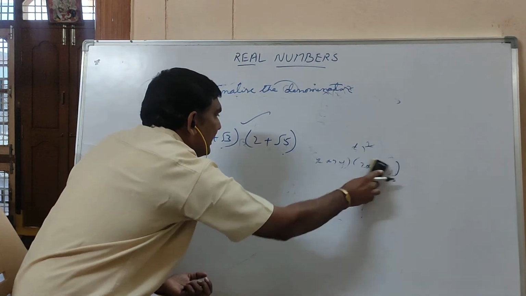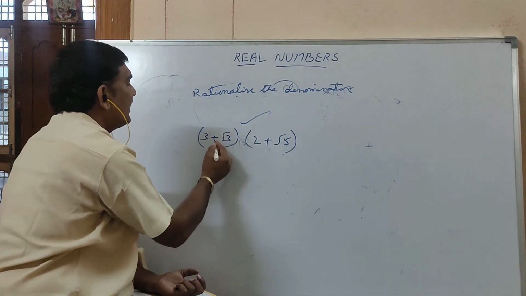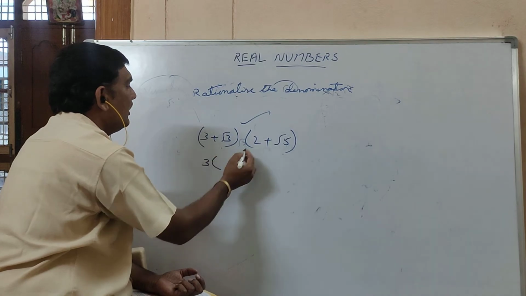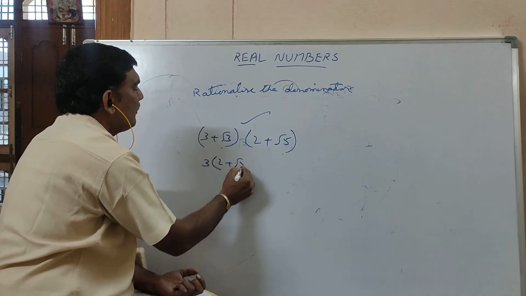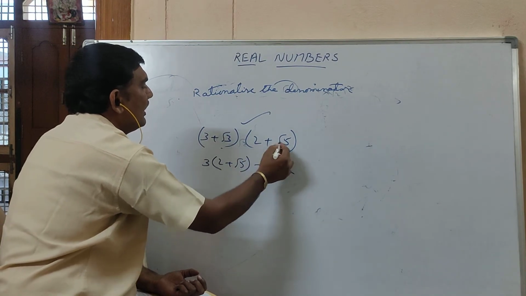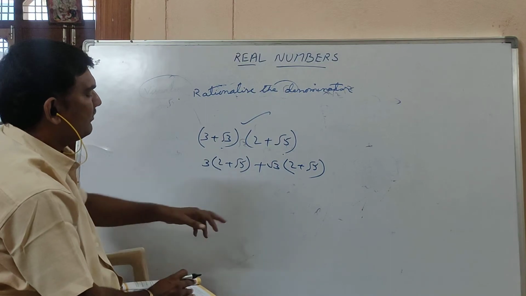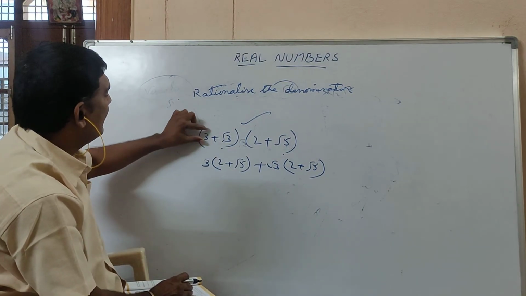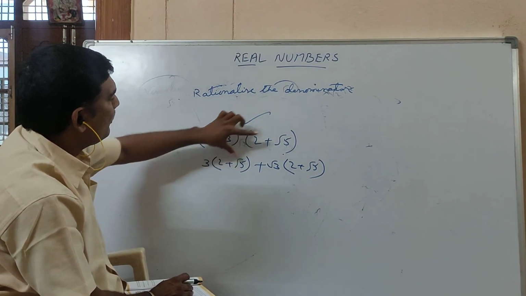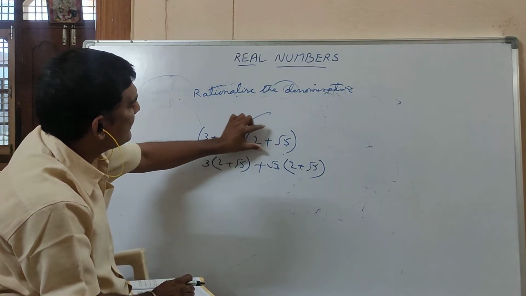So, as I said, here two terms are there. First term is 3, 3 into 2 terms, 2 plus root 5. What is the second term here? Root 3 into entire 2 terms, 2 plus root 5. Same as I just explained: first term into this entire, second term into this entire.